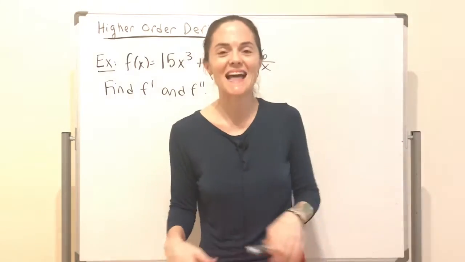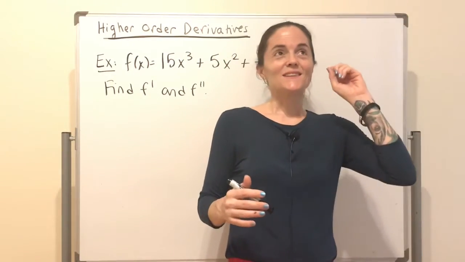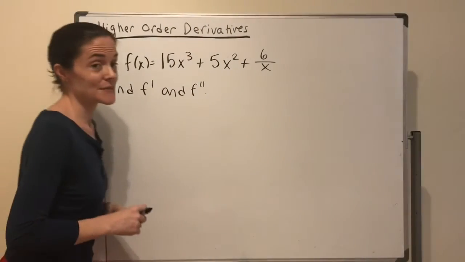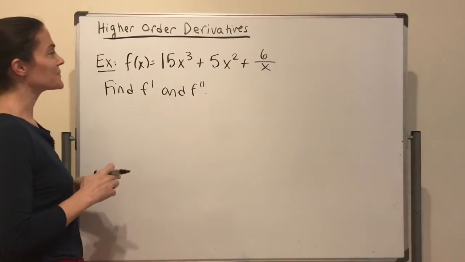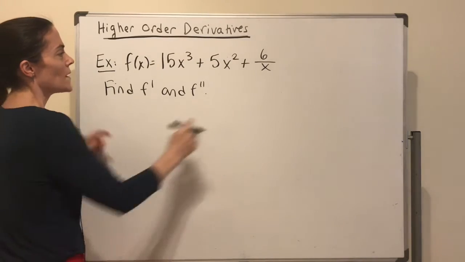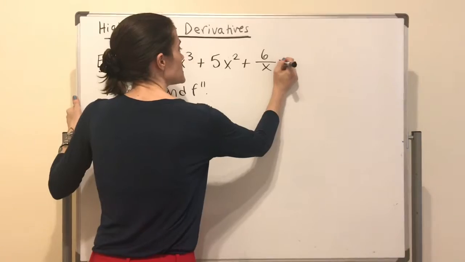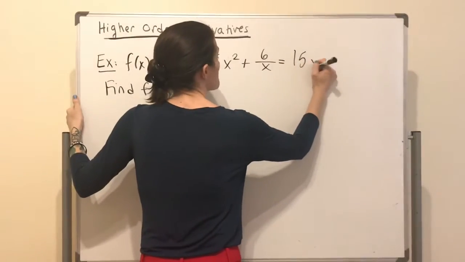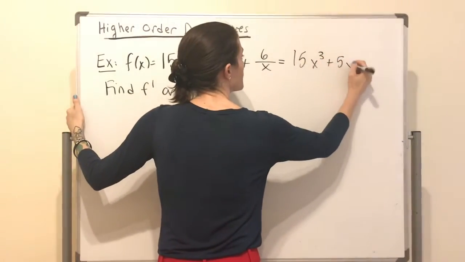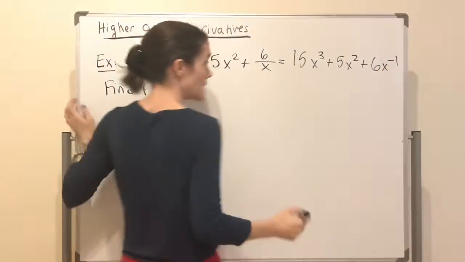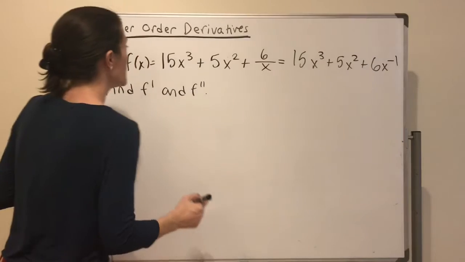And last time we did extrema, intervals of increasing and decreasing. So I'm going to use the power rule here. One thing that I can do to this term, let me rewrite this slightly. This is 6x to the minus 1, and now we can use the power rule, okay?